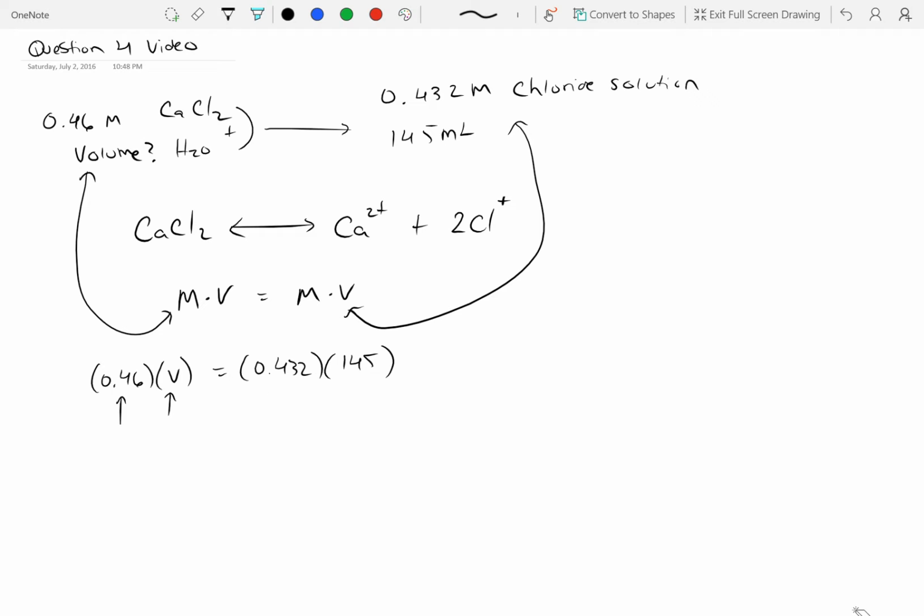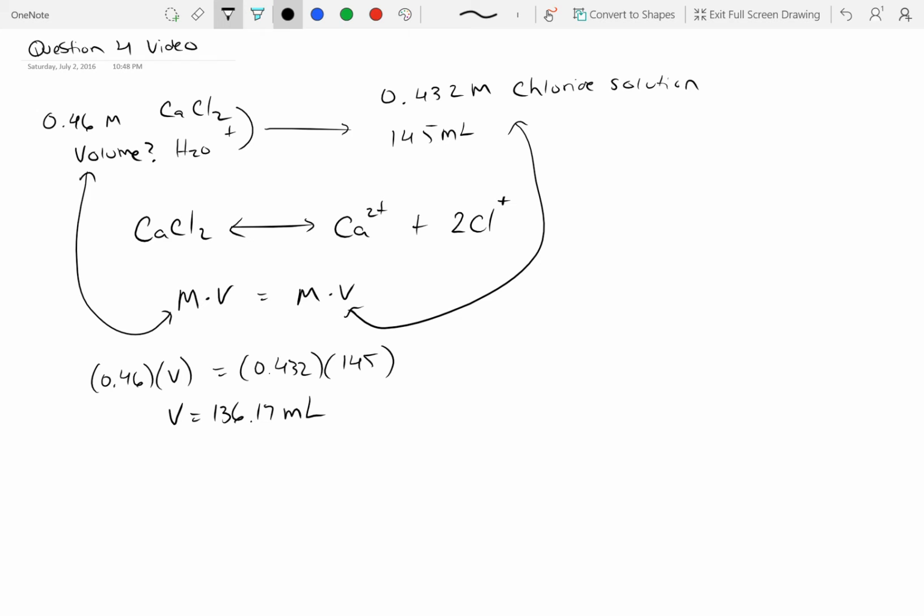So when I'm solving for this V, I'm getting it in milliliters simply because this is also in milliliters. Whenever we solve for V now, we get that V is equal to 136.17 milliliters.